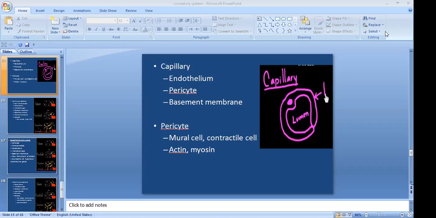So pericytes are the contractile cells. Their other name is the mural cells. They are composed of actin and myosin, and their function is that they cause the contraction and relaxation of the capillaries and post-capillary venules.